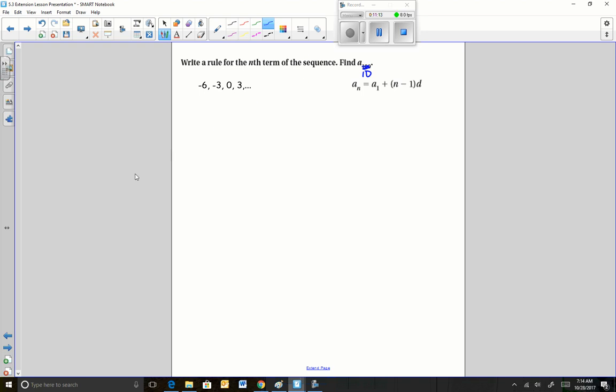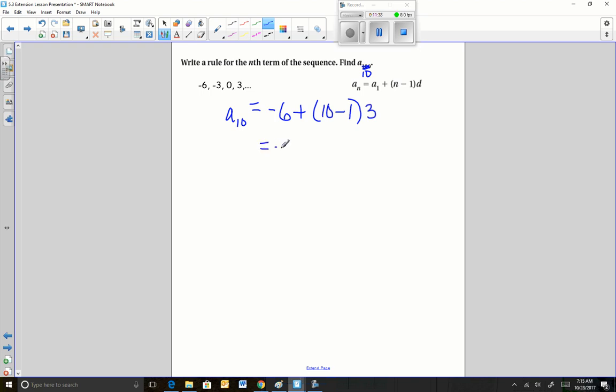Welcome back. Let's see how we would have done that. We would write a sub 10, because we're looking for the 10th term. And our first term always goes in the first place here, negative 6, plus, and we want the 10th term, so we put 10 minus 1, always minus 1. The difference was, I went from negative 6 to negative 3. I'm going up 3, so I'm going to write a positive 3 right here.